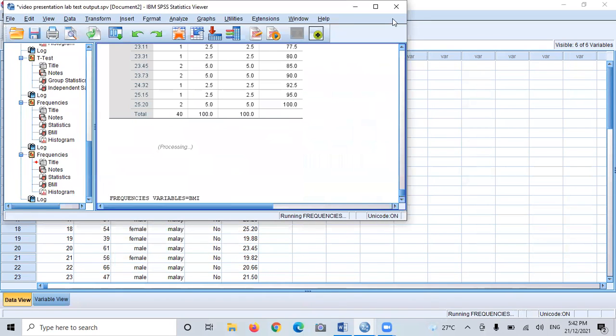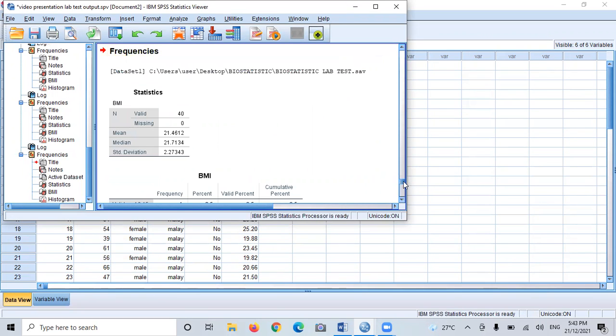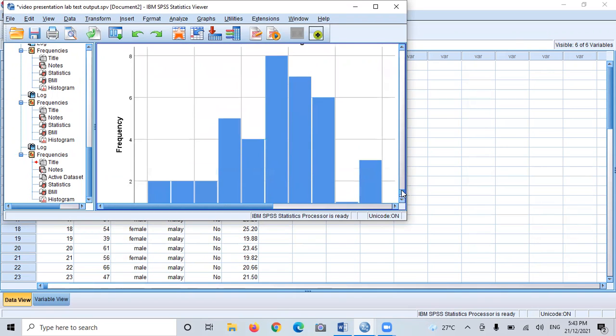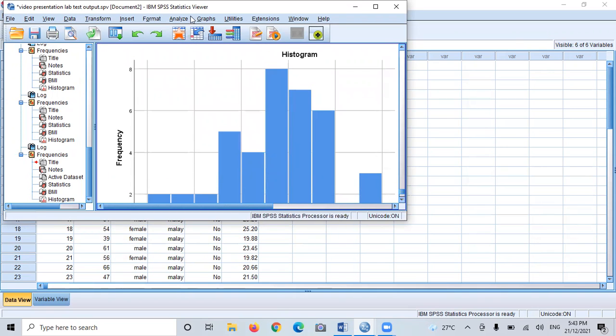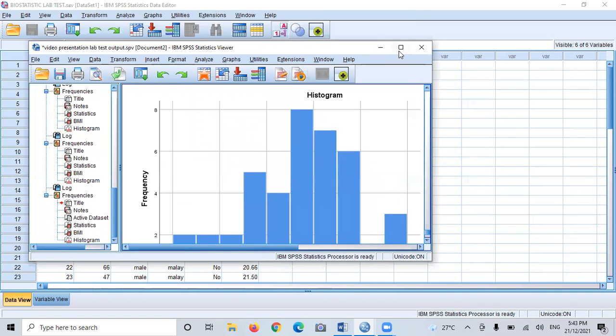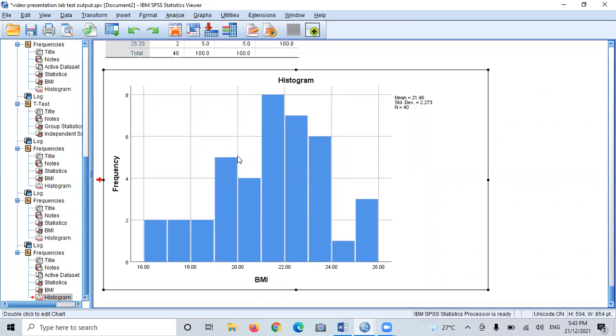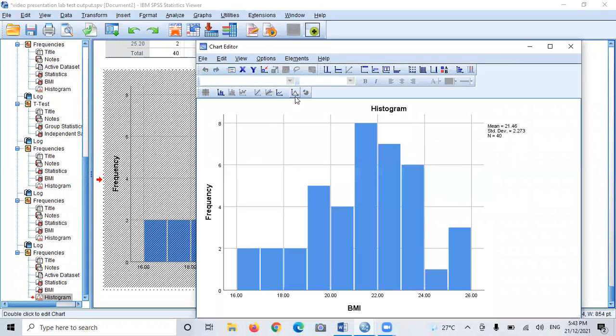This is the histogram. We have to check whether it is normally distributed, or in the shape of a bell curve.